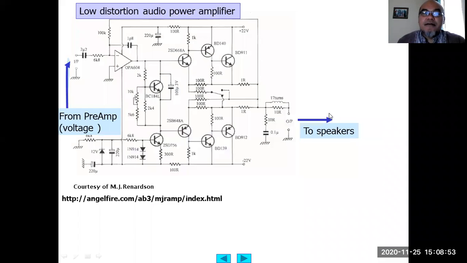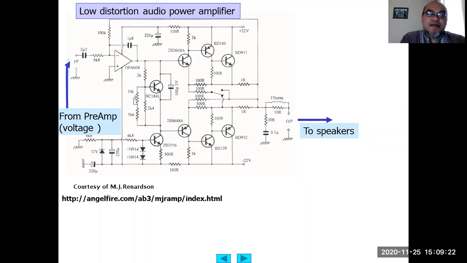Okay. So for example, in this shown circuit, this is a low distortion audio power amplifier. It has this input from a pre-amplified voltage, and the output here goes to the speakers. And for example, if the question is, what is the output voltage coming out from this amplifier?